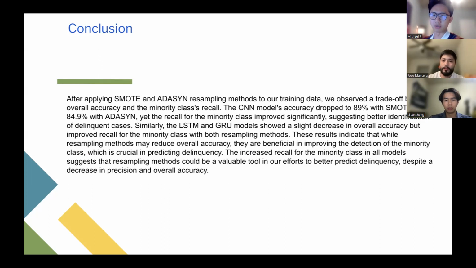Whenever Juncheng and I were working on the first part, the MNIST data took the longest time. It took about 20 hours to run the whole thing, especially since we're doing 100 epochs every run, and 5 runs for one machine learning model. That took us a long time to compare the results that we have here.